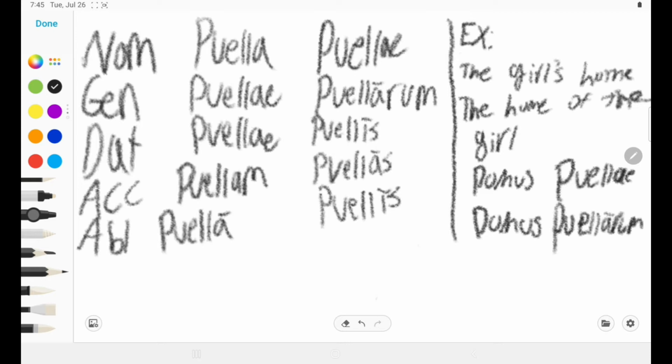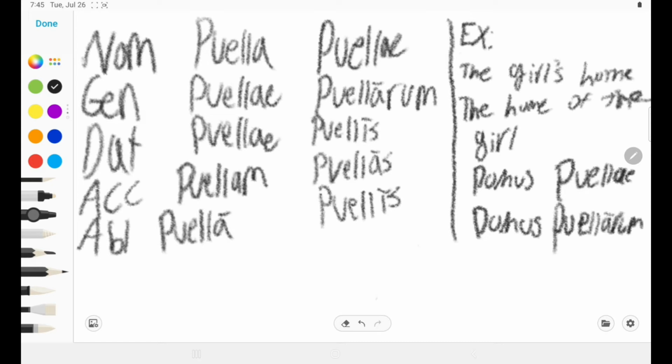So, for example, domus puellae, which means the home of the girl, or the girl's home. Domus is going to be the subject, and puellae is the genitive, because it's the girl's.